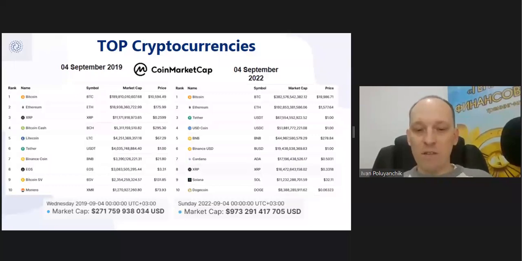In 2019, the market cap was 271 billion.